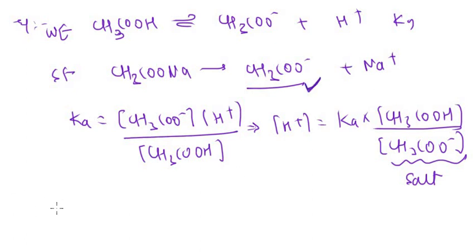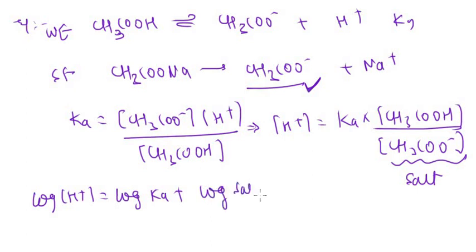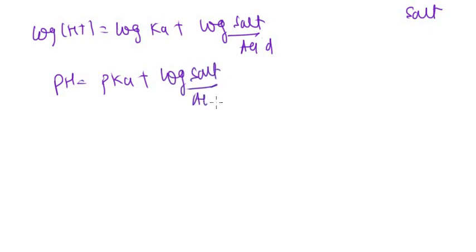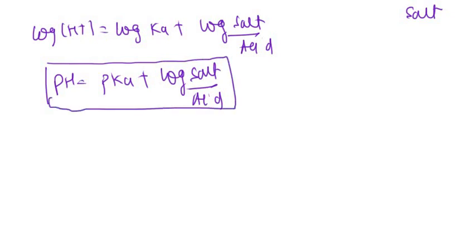So if we take negative log of both sides, negative log H plus is negative log Ka plus log of salt upon acid. So here it comes out to be pH equals pKa plus log salt upon acid.